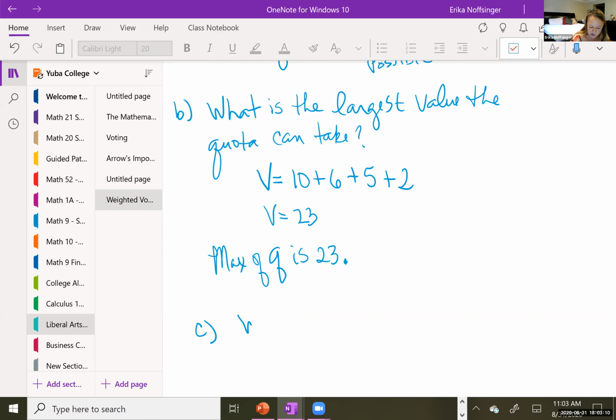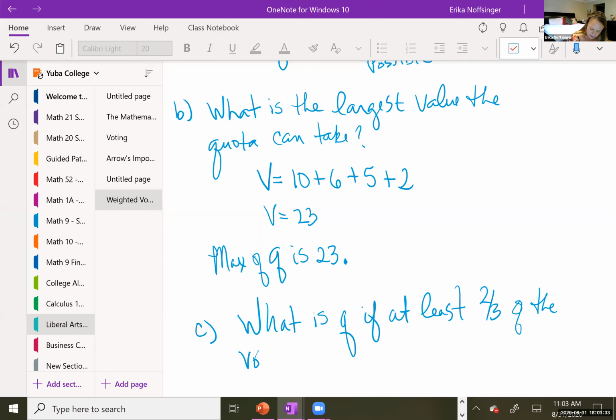So what is Q if at least 2/3 of the votes are needed to pass the motion?